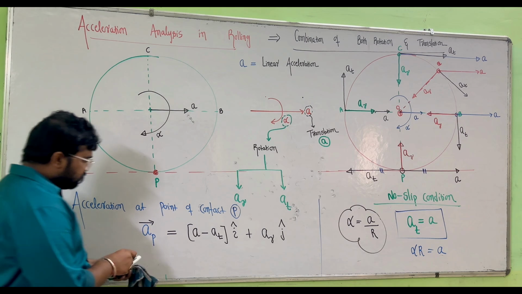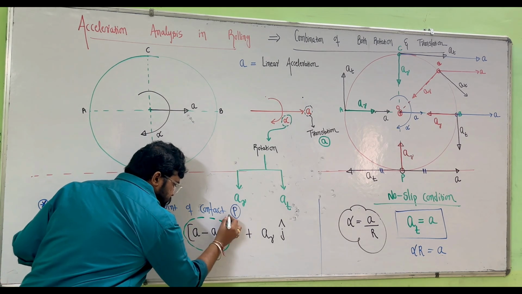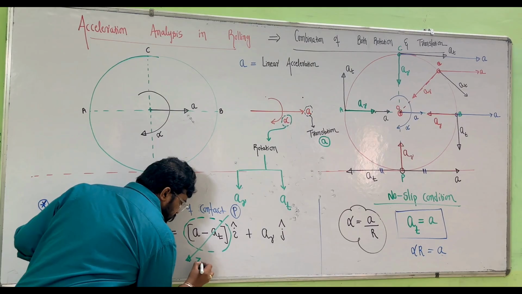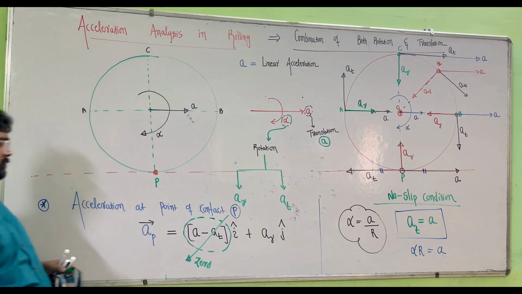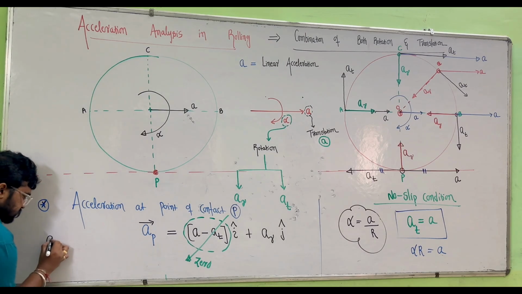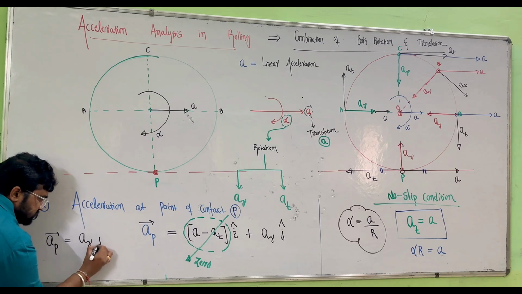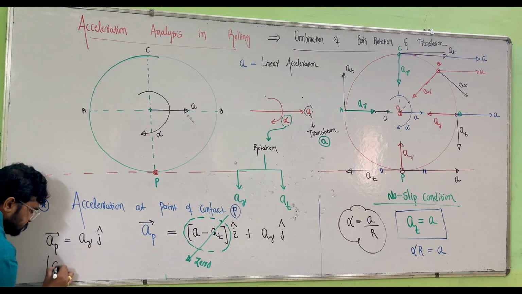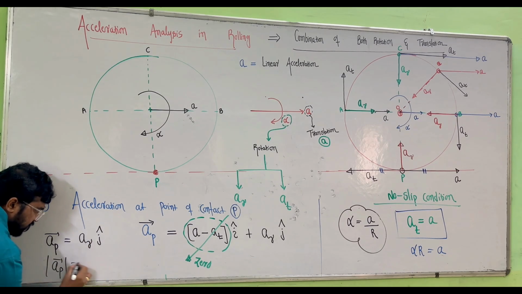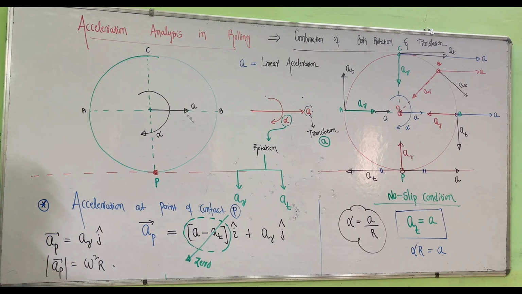Just now we discussed this part becomes how much? 0. A equals A_T. Then what is the acceleration at the point of contact? Radial acceleration in J cap. What is the magnitude? Omega square r.